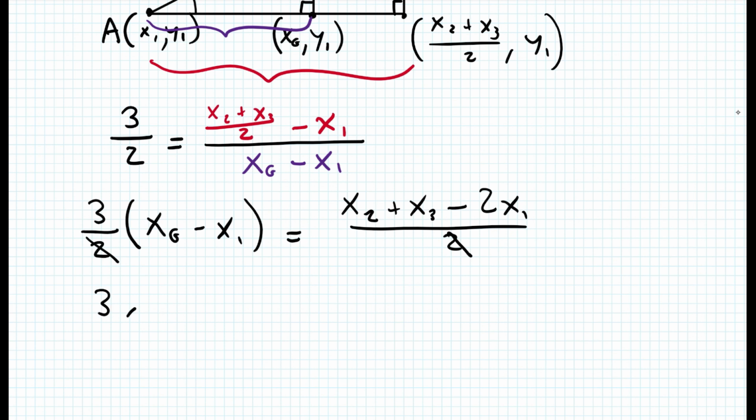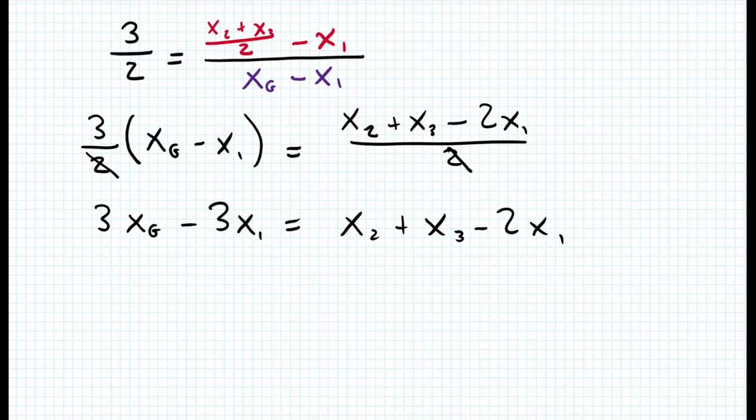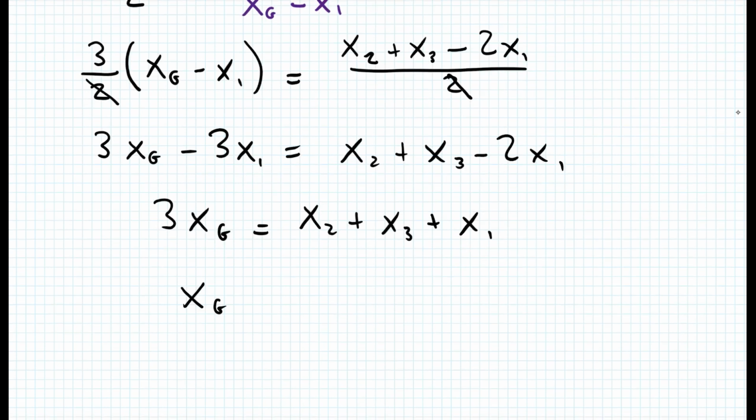And now we have 3 times xg minus 3 times x1 is equal to x2 plus x3 minus 2x1. Now, if we add 3x1 on both sides, we end up with 3 times xg is equal to x2 plus x3, and now we have plus x1, which is great. So that means that xg is equal to, by dividing by 3 on both sides, (x1 plus x2 plus x3) everything over 3.